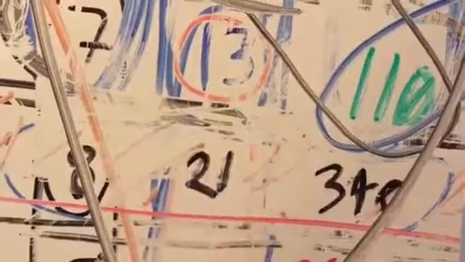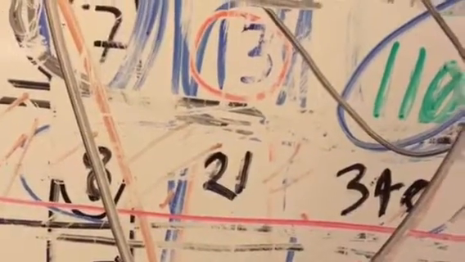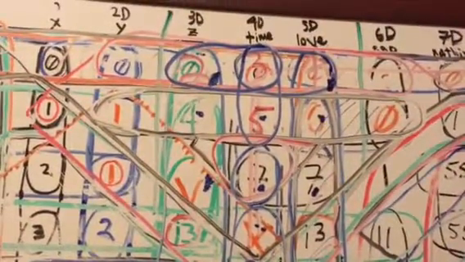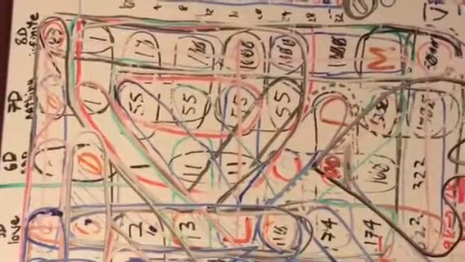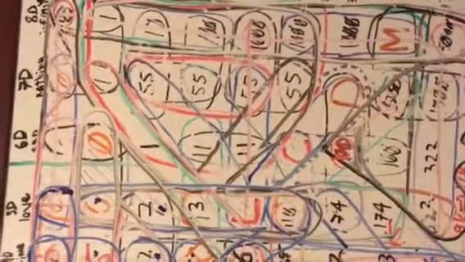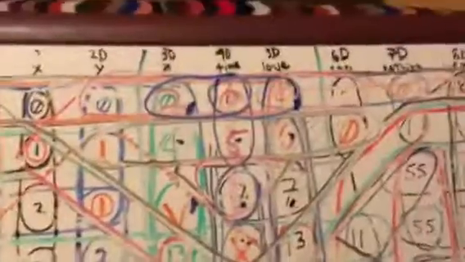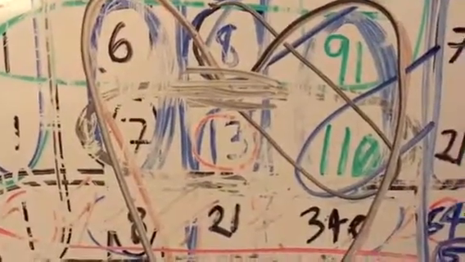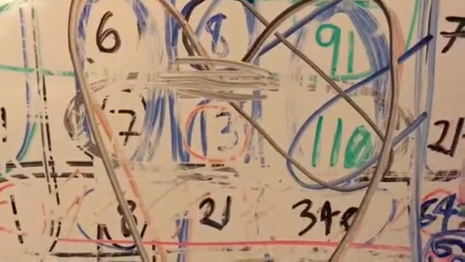Seven, 4, 7, 4. 11,732 kilowatt seconds. Let's go with 11,7... 11,732.